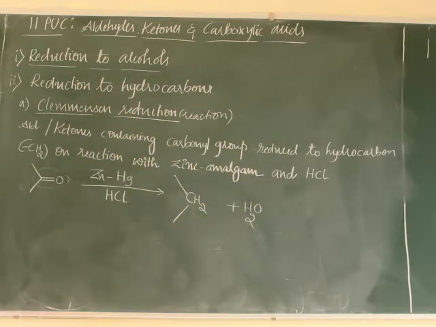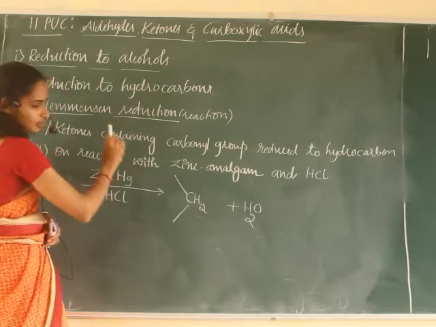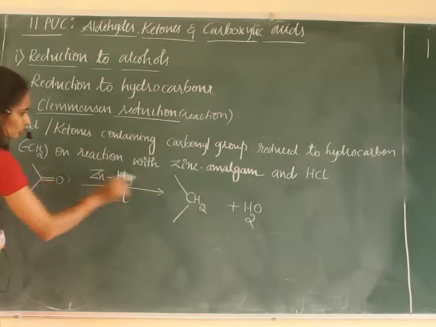The resulting compound contains only hydrogen and carbon atoms. Whatever the reactant is, just look at the reagent. If there is zinc amalgam and HCl, it reduces C double bond O to CH2. That's all.